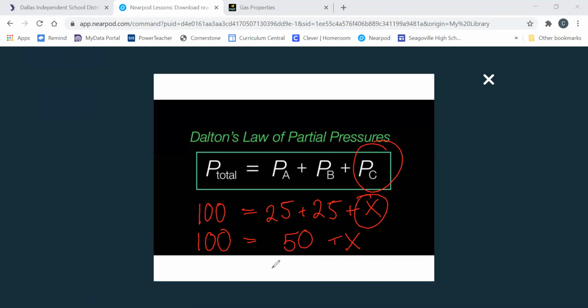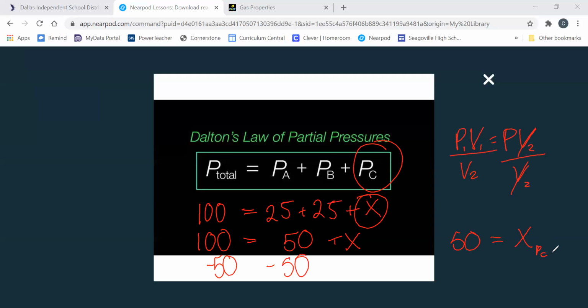So the other one, they're multiplying. We had it like this. So we had to do the opposite, which is divide. But on this one, because they're being added, we have to do the opposite, which is minus. So the last one, PC, is going to be X, which is 50.